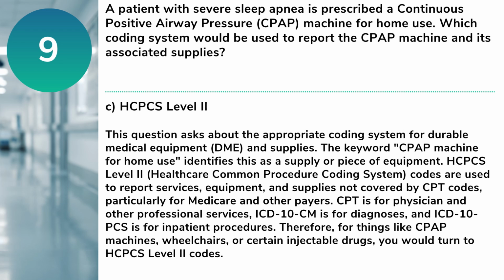CPT is for physician and other professional services, ICD-10-CM is for diagnoses, and ICD-10-PCS is for inpatient procedures. Therefore, for things like CPAP machines, wheelchairs, or certain injectable drugs, you would turn to HCPCS Level 2 codes.